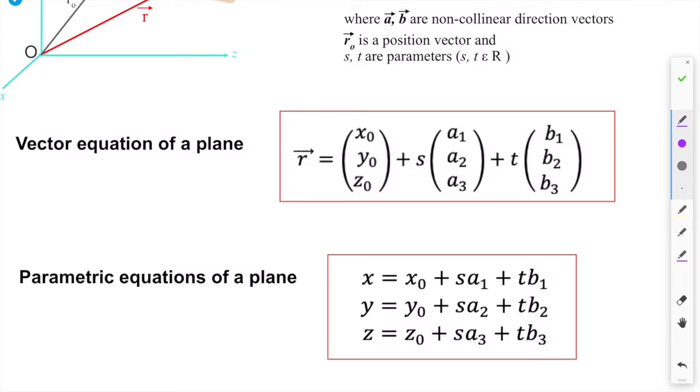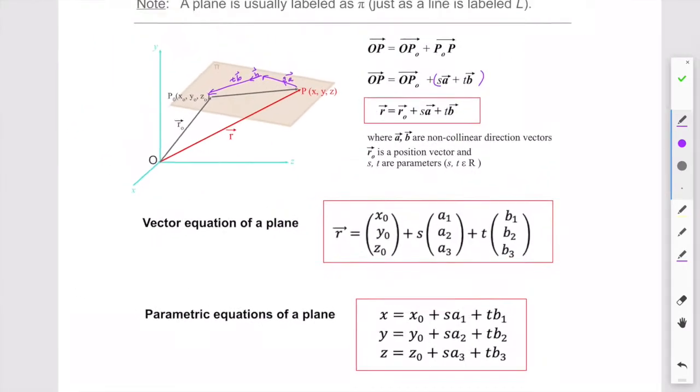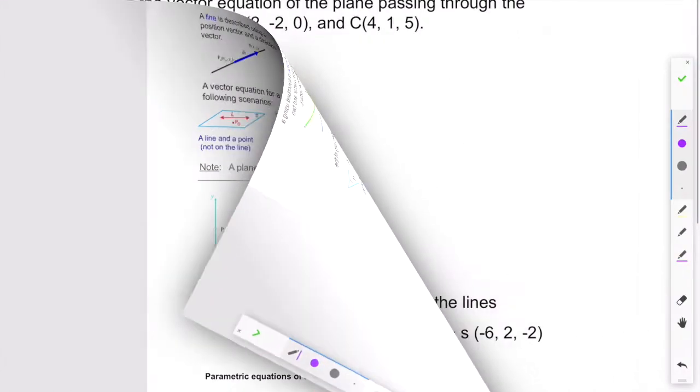If I break it up into parameters, the parametric equations of the plane are x equals x naught plus SA1 plus TB1, y equals y naught plus SA2 plus TB2, and z equals z naught plus SA3 plus TB3. So here we have the vector equation and the parametric equations of a plane.